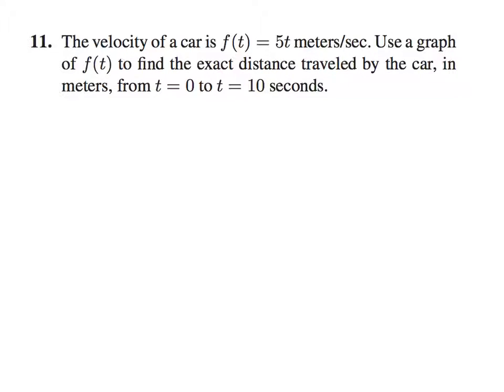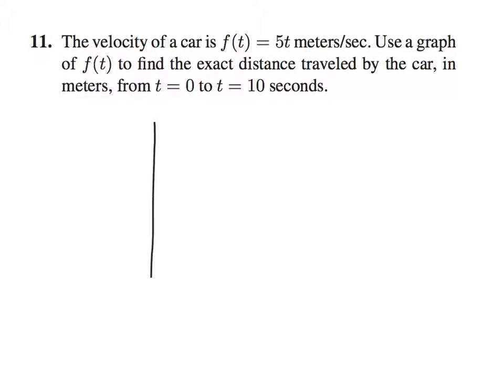In the previous examples, the speed varied quite a bit: it was decreasing, increasing, and so on. Here it's increasing, but it's increasing at a very steady rate, namely at a constant rate. And that enables us to use geometry to compute the exact distance.